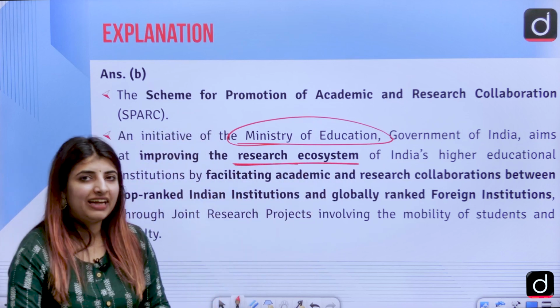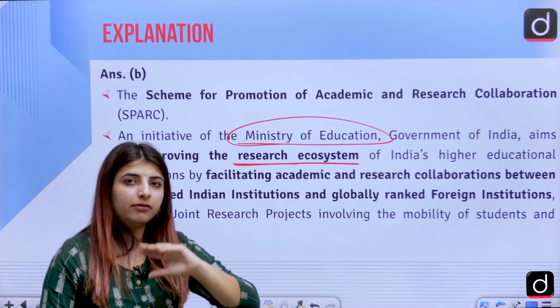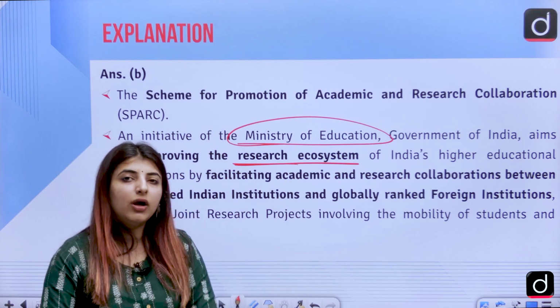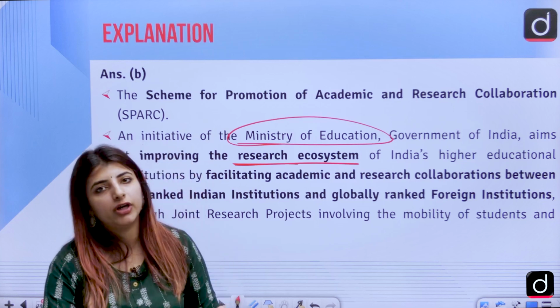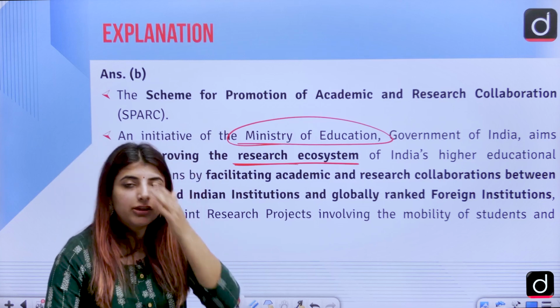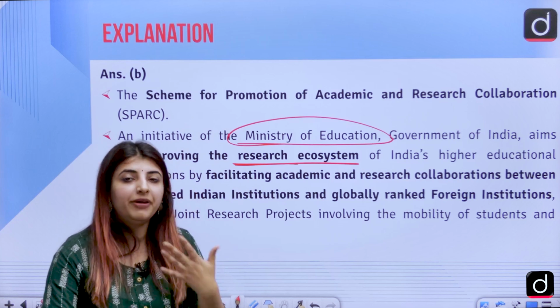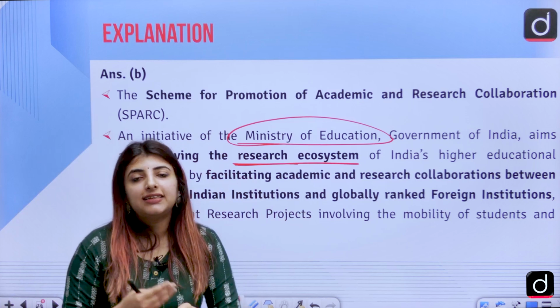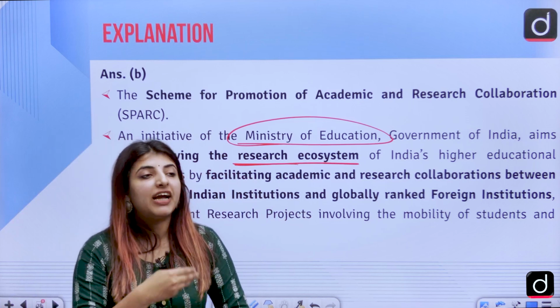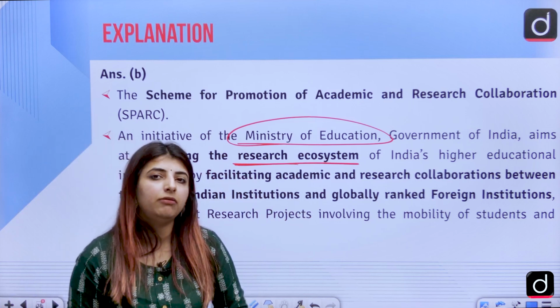Because in today's time, if we talk about even the NET examination, you are reading a particular unit on research aptitude because you all somewhere or the other would want to be PhD scholars, you want to do PhD, right? So research is such a field which should be explained, which should be known to people, right?